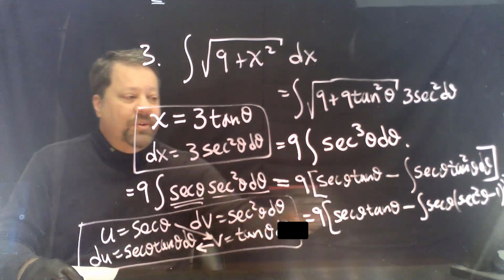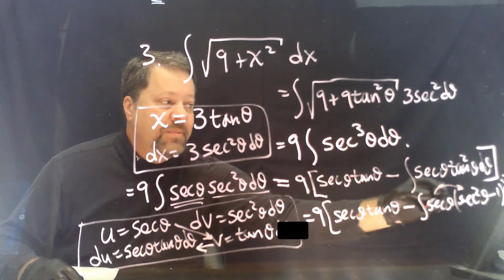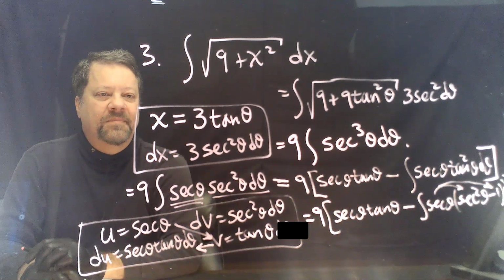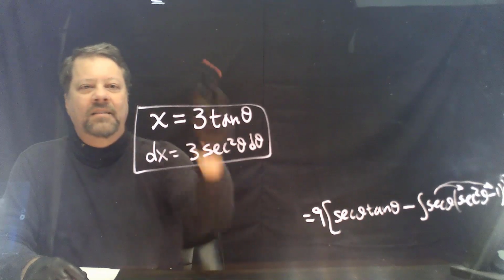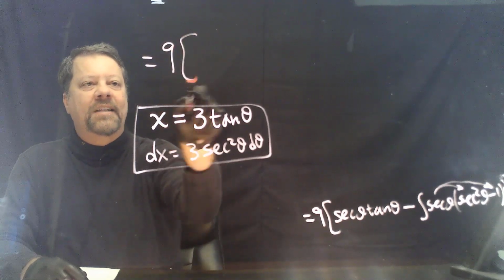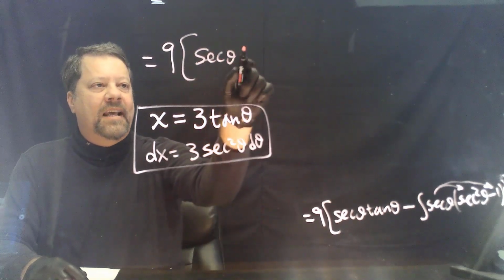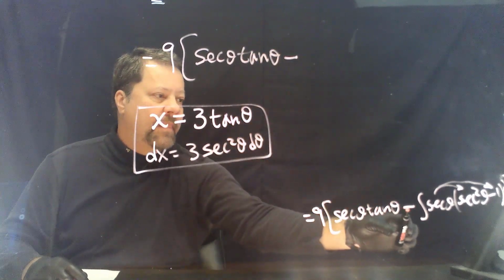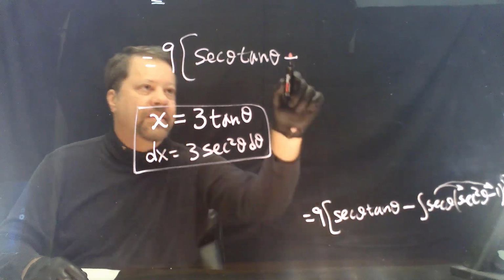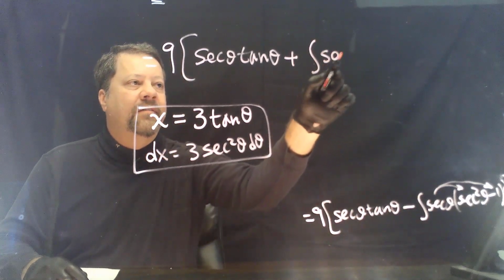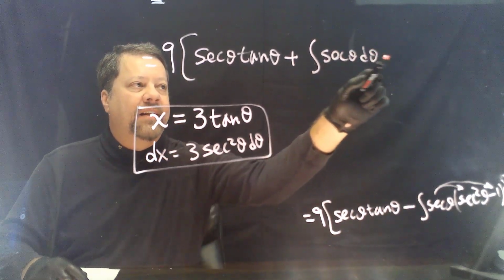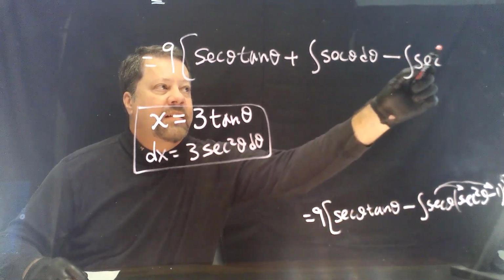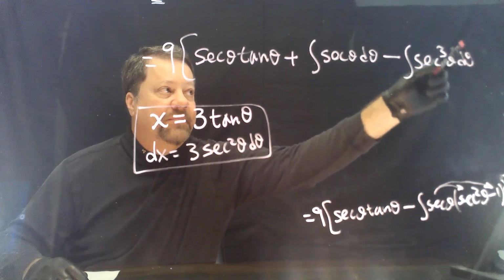We'll distribute this secant to both terms and also distribute the minus. We have then 9 times the integral secant theta tan theta. We'll get a minus minus is plus the integral of secant theta d theta, and then minus the integral of secant cubed theta d theta.